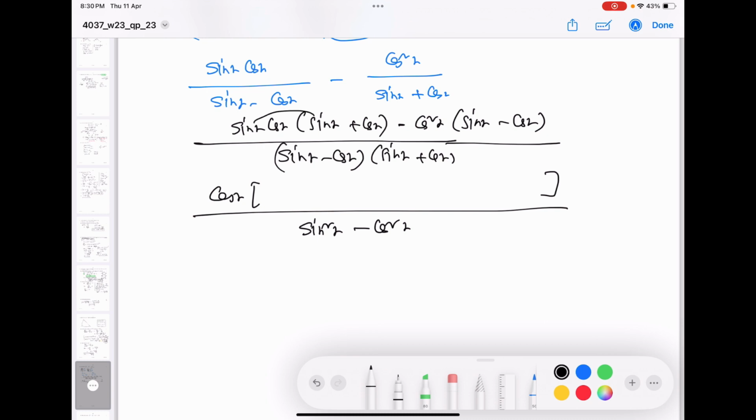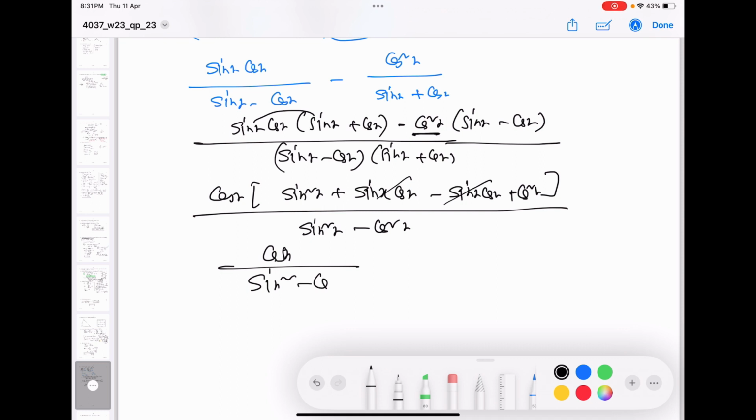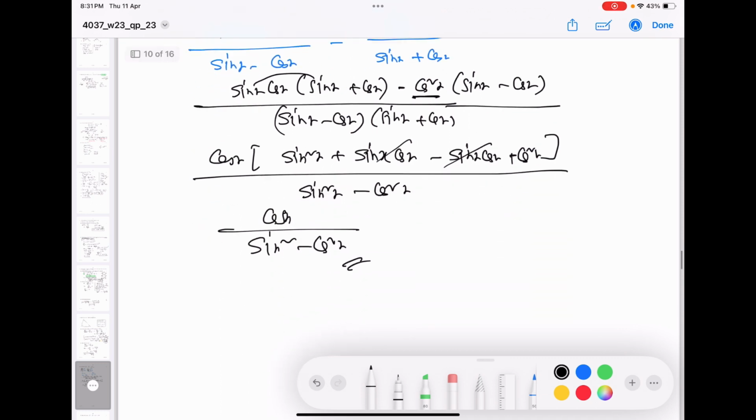So sin x multiplied by sin square x plus sin x cos x minus cos x common taken, so cos x remaining, sin x cos x minus, I mean plus cos square x. So this is cancelled, and sin square x plus cos square x equals 1. So cos x by sin square x minus cos square x. Great, this is proved. Yes, fine.